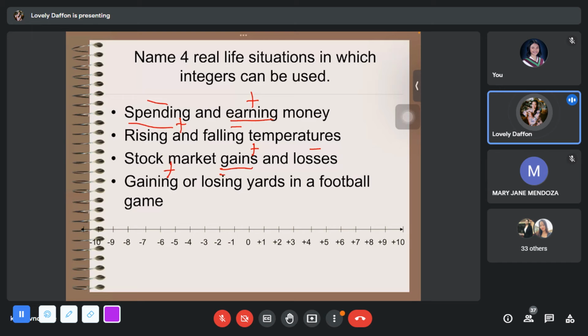Sige daw, you can name games. So, may mga games nga pwede ma-apply ana. Sige daw, you try to think. Games nga ilang paborito. Sige.